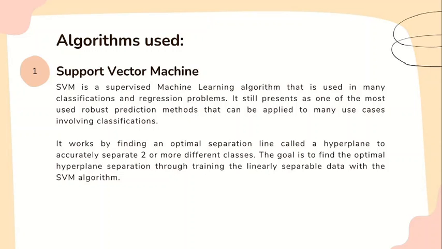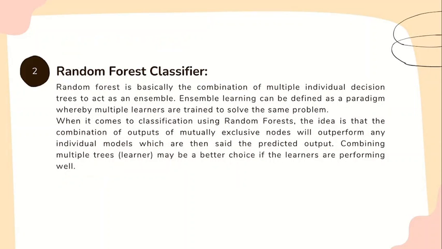The second algorithm used is random forest classifier. Random forest is basically the combination of multiple individual decision trees to act as an ensemble. Ensemble learning can be defined as a paradigm where multiple learners are trained to solve the same problem. When it comes to classification using random forest, the idea is that the combination of outputs of mutually exclusive nodes will outperform any individual models.